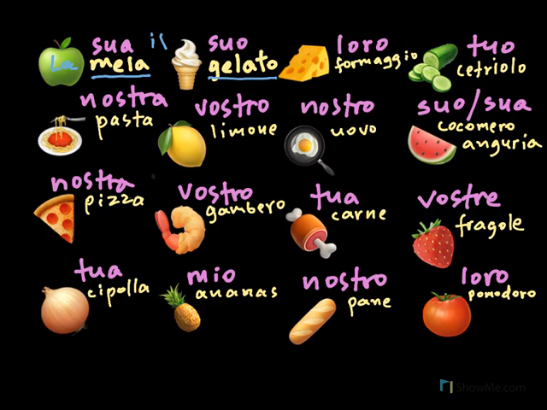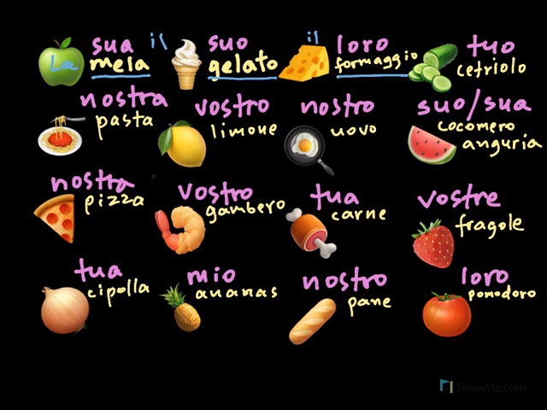Il suo gelato, it will be his ice cream, or her ice cream, or your ice cream formally. Next word is formaggio, cheese. So you have here masculine, and you have loro, and it doesn't change, so it will be loro formaggio, and then the article of formaggio will be il. Why? Because it is masculine singular. Il loro formaggio.